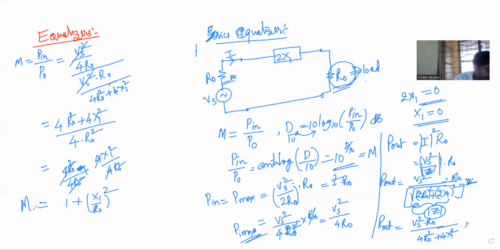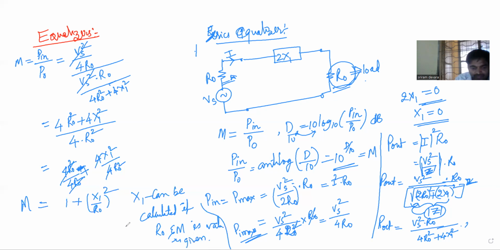So this is M. So X1 can be calculated if R naught and M value are given. So finding X1 with the values of R naught and M is the design of the series equalizer.